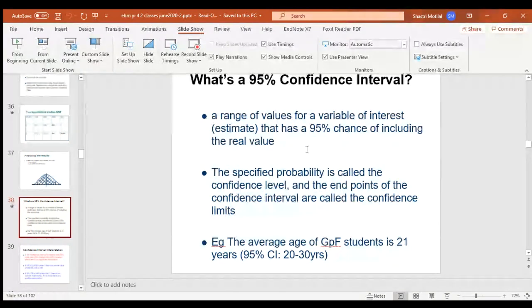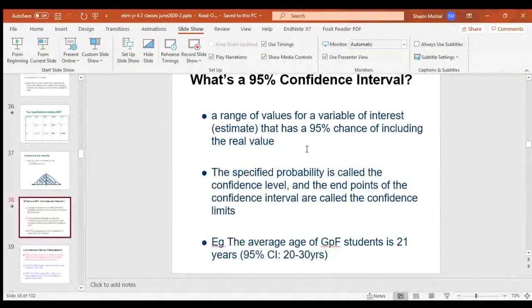I provided an interval, 20 to 30 years, 20, 21, 22, 23, all the way to 30. That's the interval. And by calling it a 95% confidence interval, I'm saying I'm 95% sure most of the people in the class have ages that lie within that range. That is really what a confidence interval says.